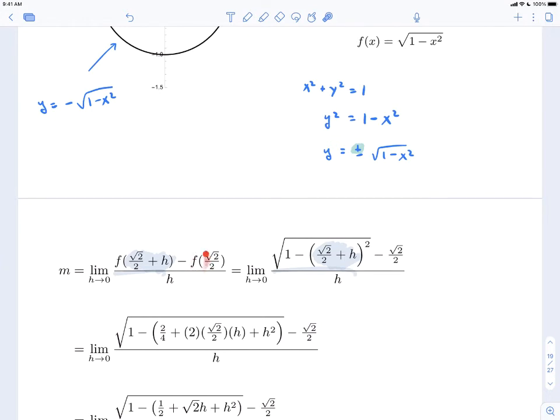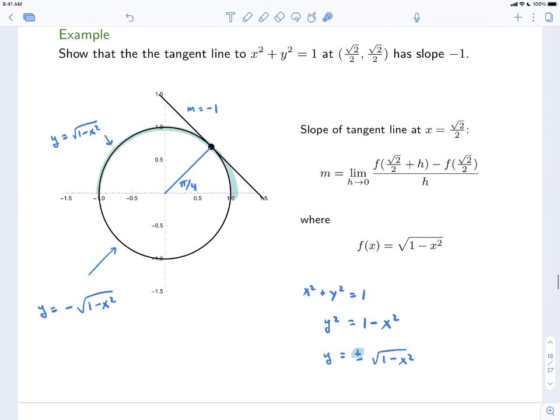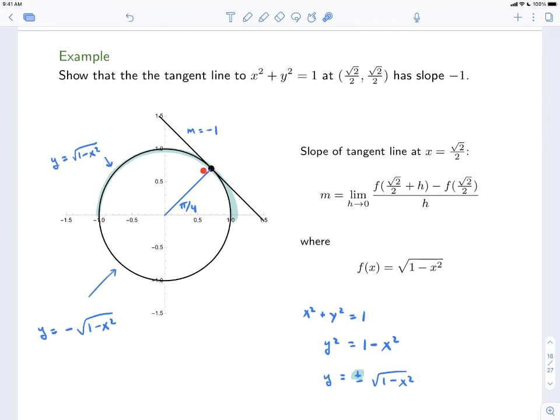We have another occurrence of f here, f at the square root of 2 over 2. So what is that going to be? Well, that's the square root of 2 over 2. This is just the y value. So if we go back on our graph, we can see that we're looking at this point. And at this point, where our angle is pi over 4, the x and y coordinates are the same. So x is the square root of 2 over 2, and y is also the square root of 2 over 2.